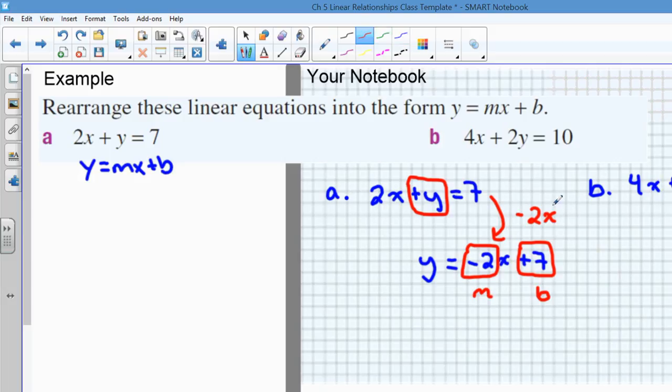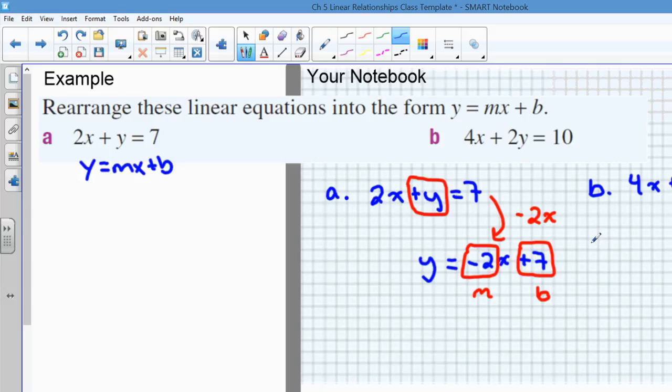However, I still want to get rid of this 2. And because the 2 is multiplied by the y, my next step is going to be to divide by 2. And when I divide by 2, that means I need to divide everything by 2. So 2 divided by 2 is just 1, so I just get the y.